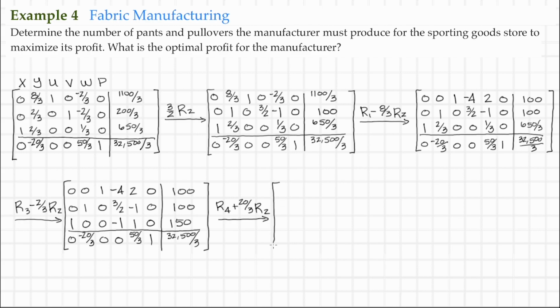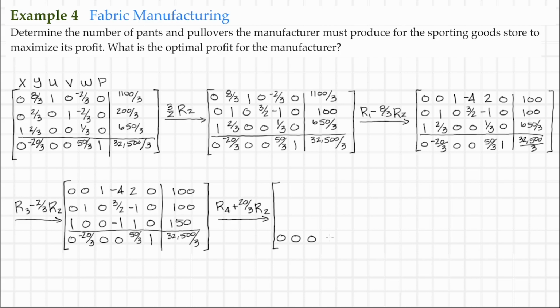Put in our bracket. 0 and 20/3 at 0. There's our 0. 1 times 20/3 is 20/3. -20/3 plus 20/3. That is 0. That's the whole idea. 0 and 20/3 and 0. We have another 0. 3/2 times 20/3. That's 10.